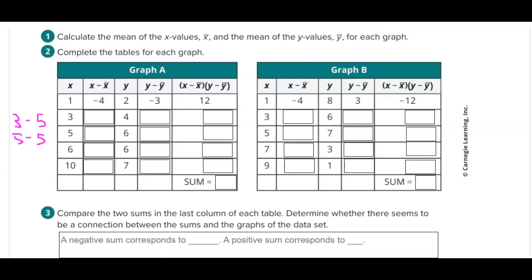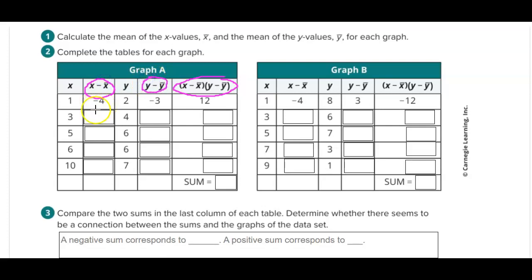Then the next step you're going to do is some multiplication. So in this column, what you're doing is you're multiplying this column's number times this column's number.